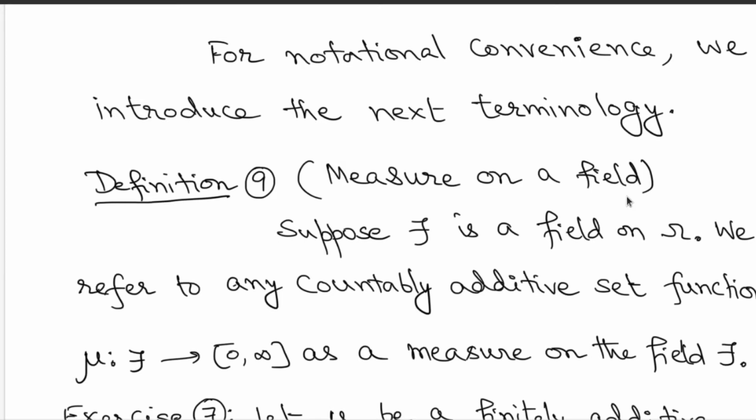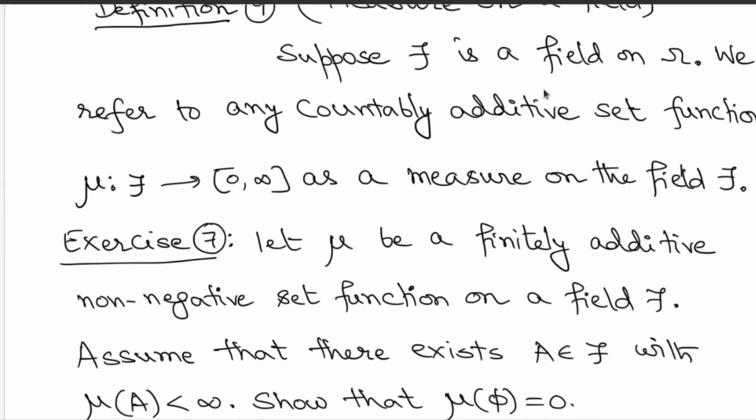We follow the same idea: for the field F, we refer to any non-negative countably additive set function as a measure on the field. Just to highlight, we are talking about non-negative values, but infinity is also included, so sizes of the sets could be infinity.